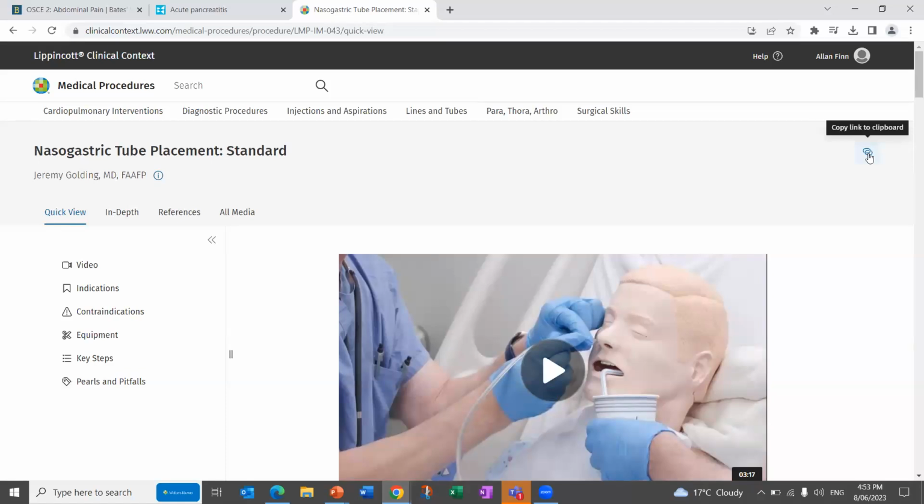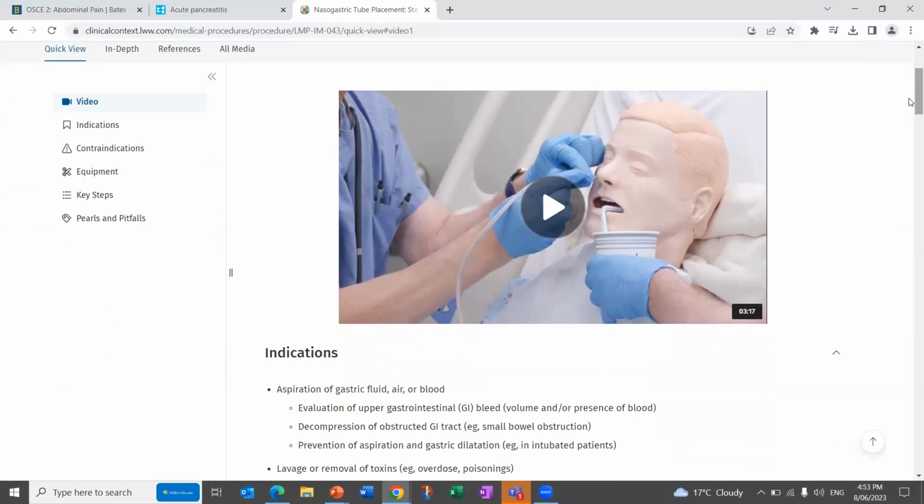Both Bates Visual Guide and Visual DX are evidence-based materials. We also find this here. This is based on the work of individual experts, but these are also supported by references that show us where this information comes from. On the screen, we can see one or more videos, depending on the procedure that we're looking at.